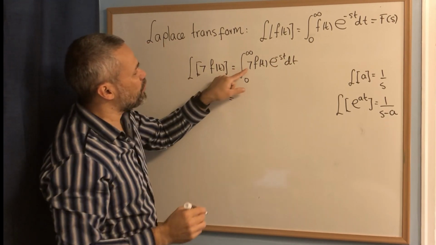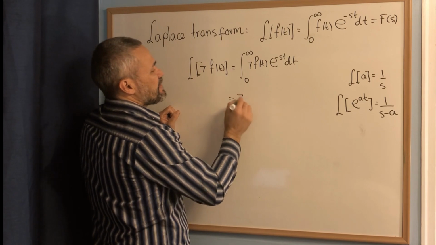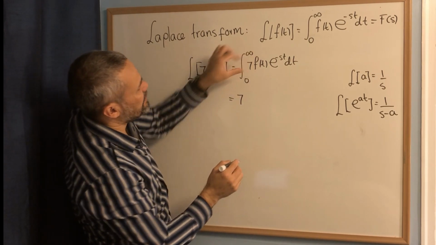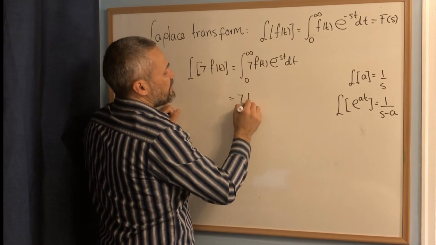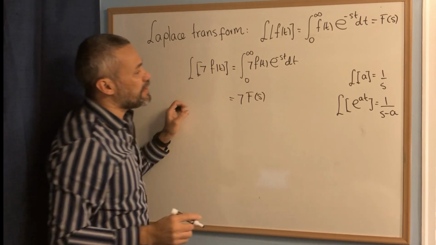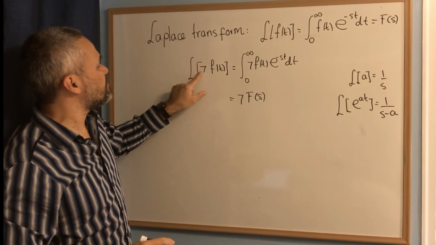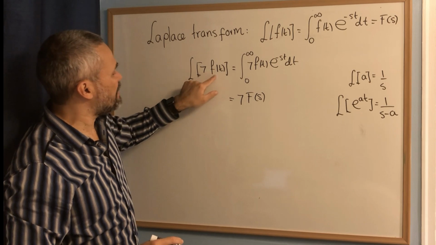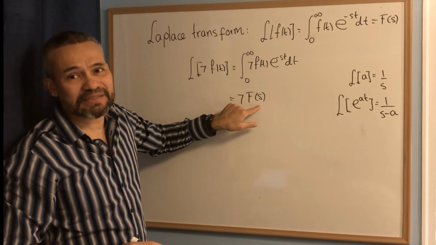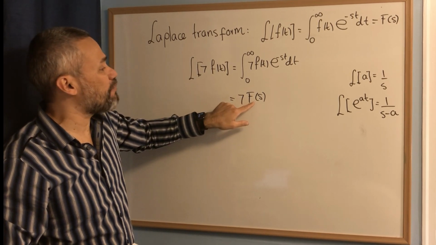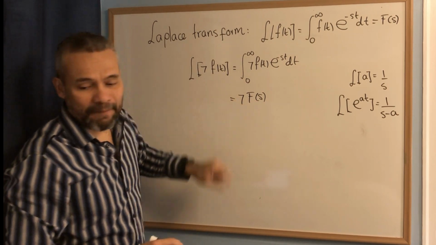And then this would be 7 times, and this integral that is left is just F of s. Then somehow the Laplace transform of a number times a function is the number times the Laplace transform. It's similar to what happened with the derivative.